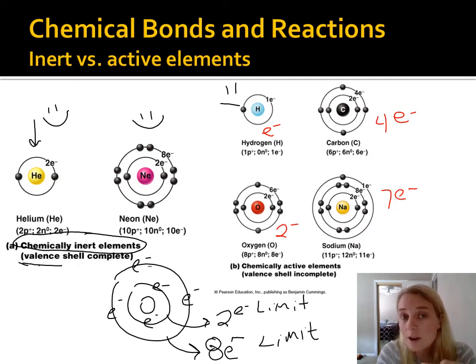Or another way to look at it, if you have only 1 or 2 electrons in your outermost shell, you can actually give that one away and remove the outermost shell and then go back to this one, which has 8, and then it's happy. Okay? And this is when we're going to start taking a look at ions, and we'll see that when we take a look at ionic bonds.